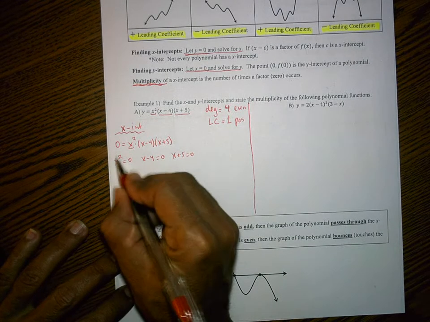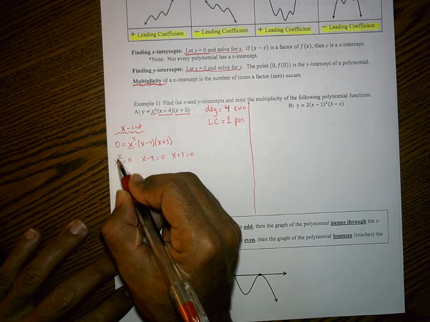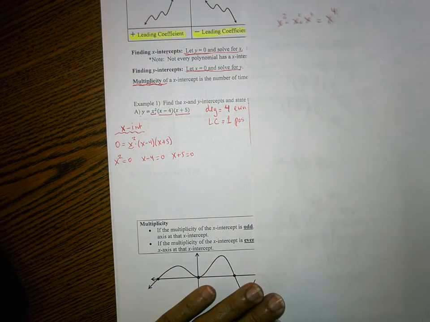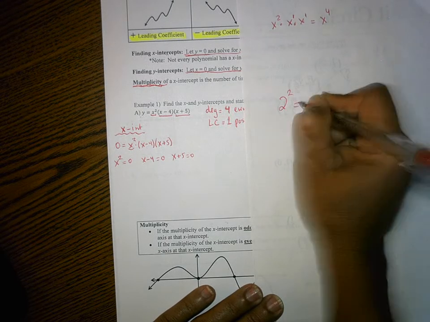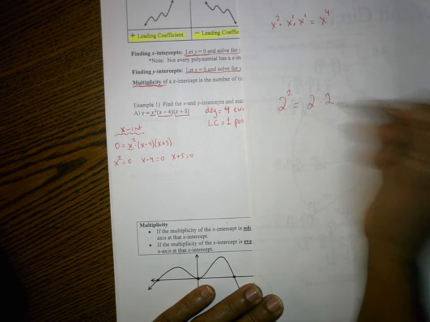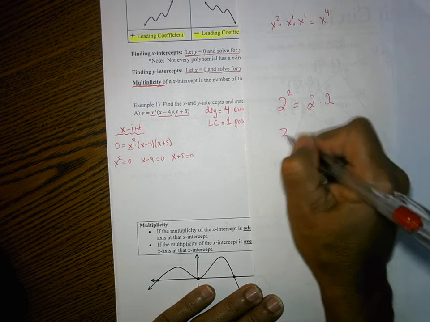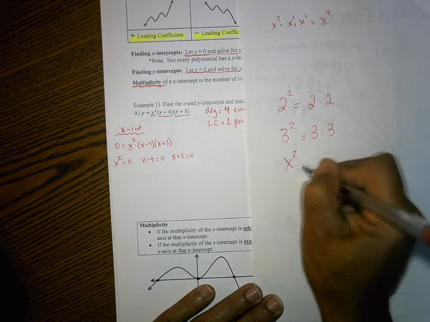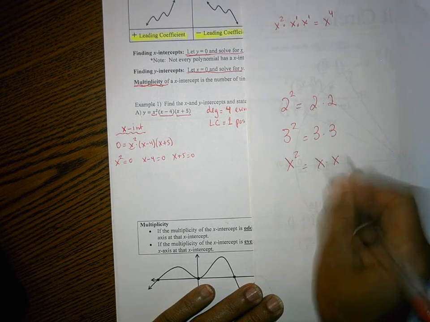Now, anything squared means that there's two of them. I'll recap that if it doesn't make sense. For example, 2 squared just means 2 times 2. There's 2 of the number 2. 3 squared is 3 times 3. Well, x squared is just x times x. So I actually have 2 of the x's.